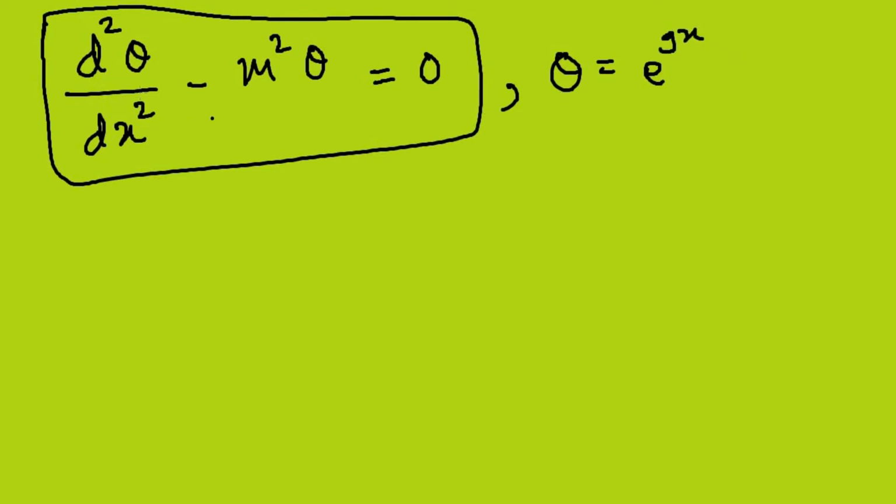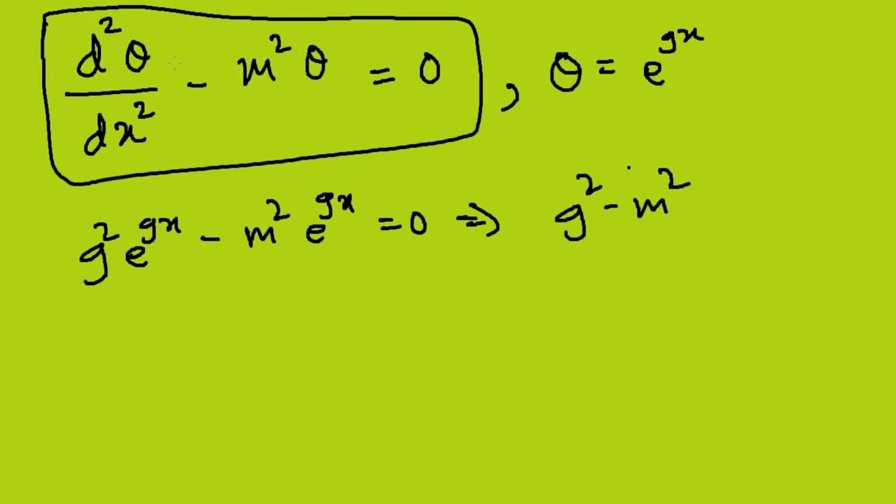If I take the second order derivative of this, what will I get? g² e^(gx) minus m² e^(gx) equal to 0. So g² minus m² equals 0, because e^(gx) cannot be 0. From here we get g equals either plus m or minus m.